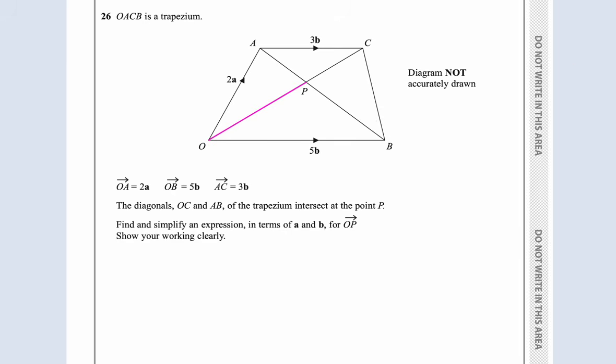Okay, so firstly let's get AC. Again guys, I'm going to write up here, but obviously you write down there. So firstly, AC is 2a plus 3b. And AB is minus 2a plus 5b, because I'm going against the arrow this way with the arrow this way.